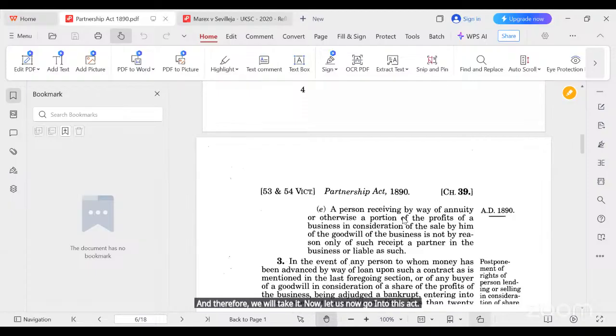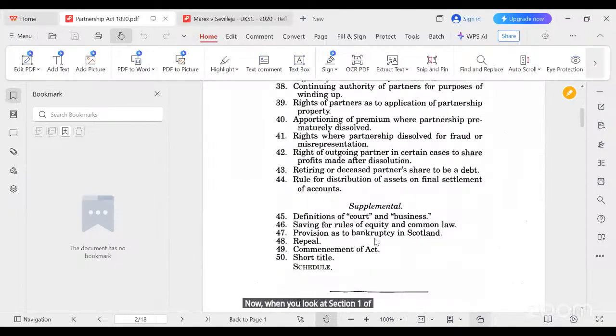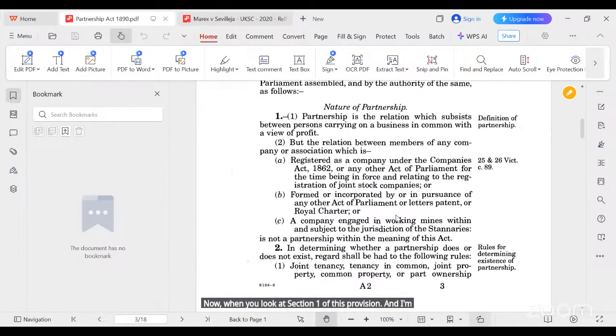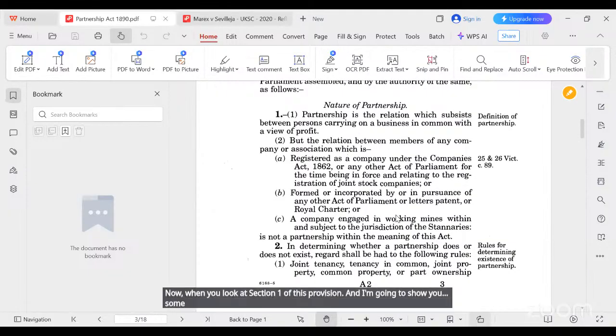I want us to go to section one. I'm coming in just a minute. Now, when you look at section one of this provision, I'm going to show you some different types. Okay.